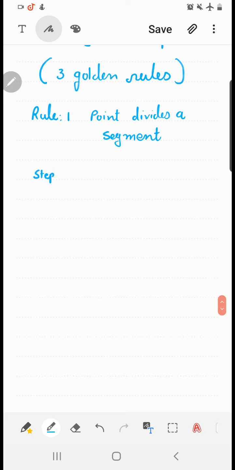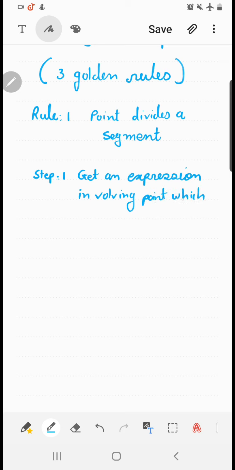Step number 1: get an expression involving the point which divides and the points which define the segment.